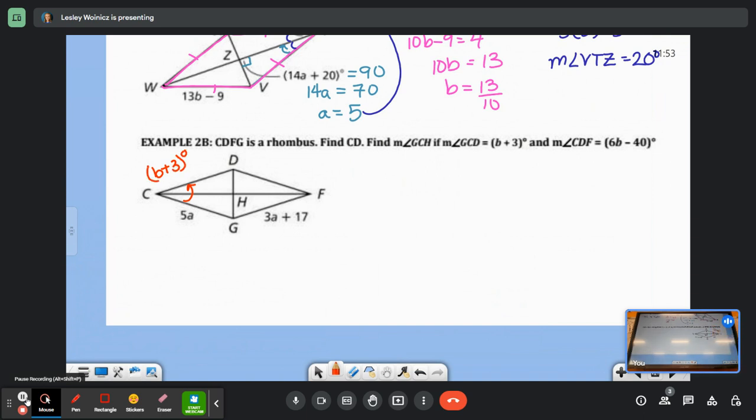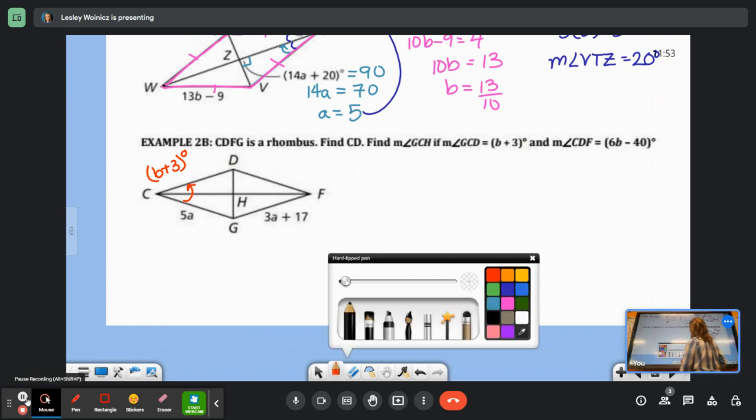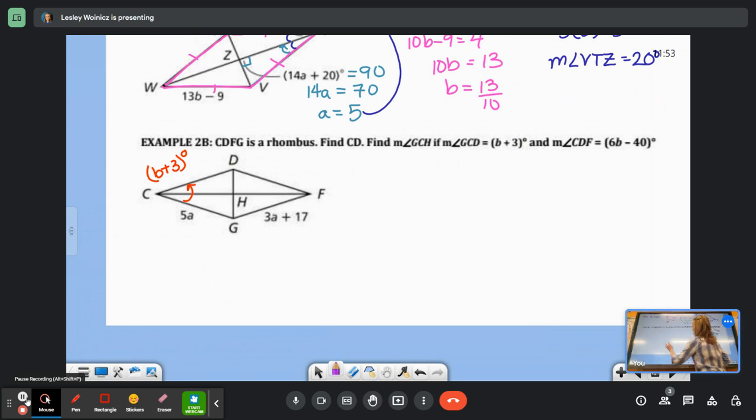And the measure of CDF is 6b minus 40 degrees. Oh, and we also have to find CD.